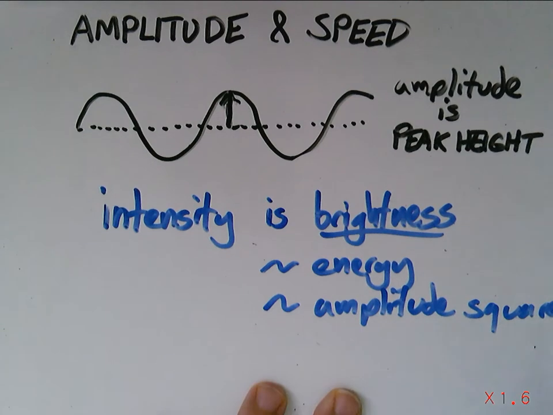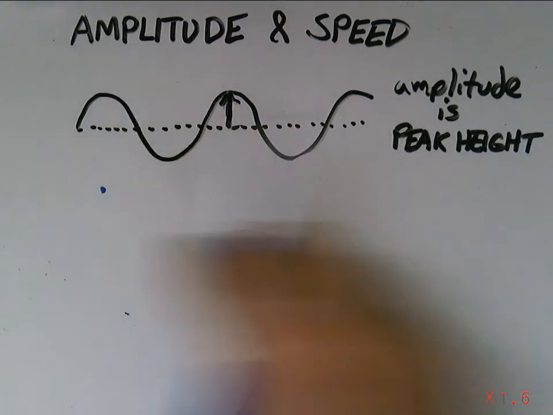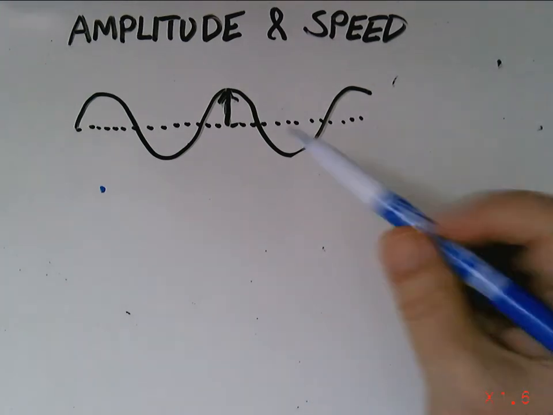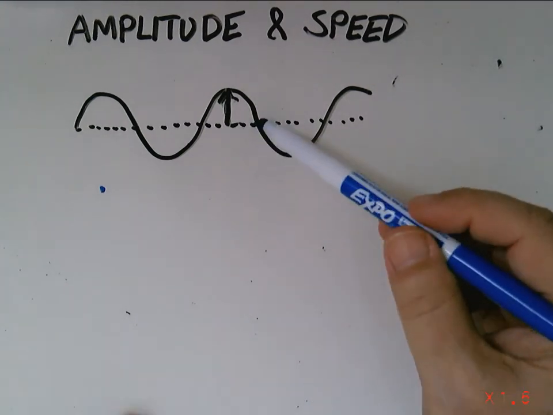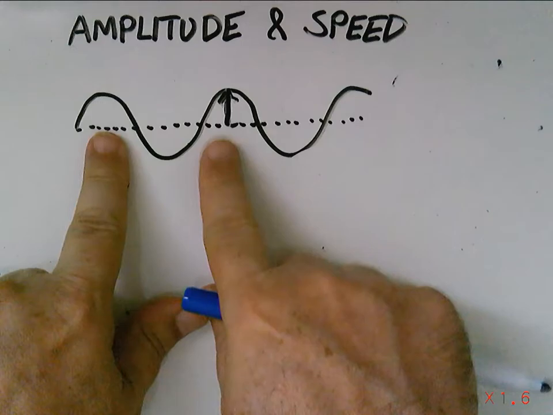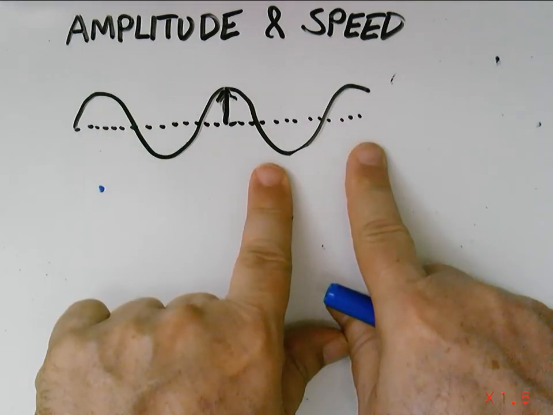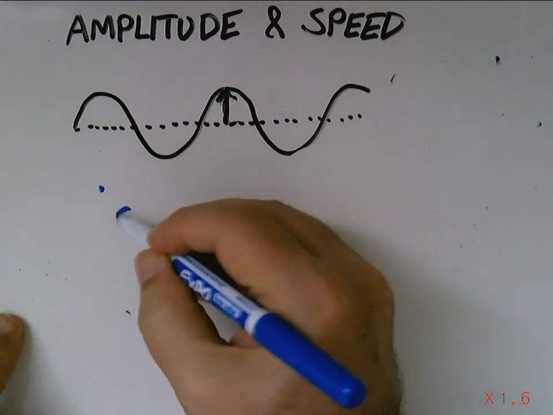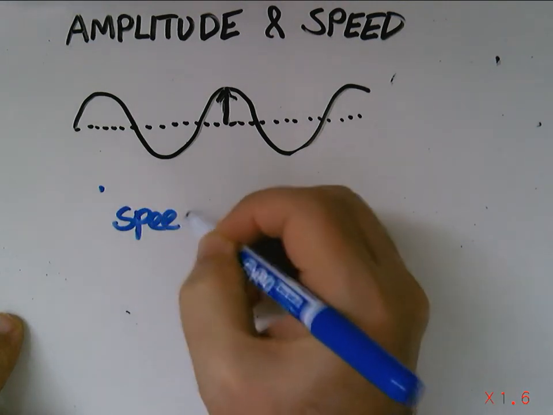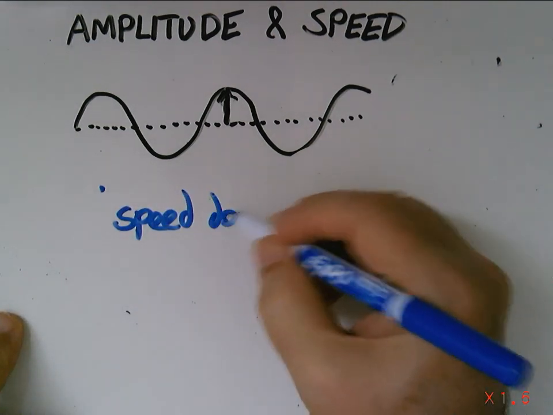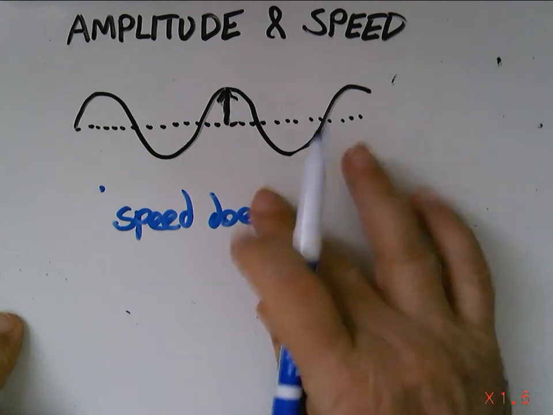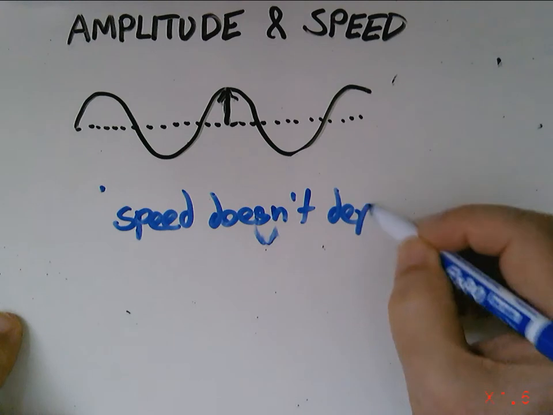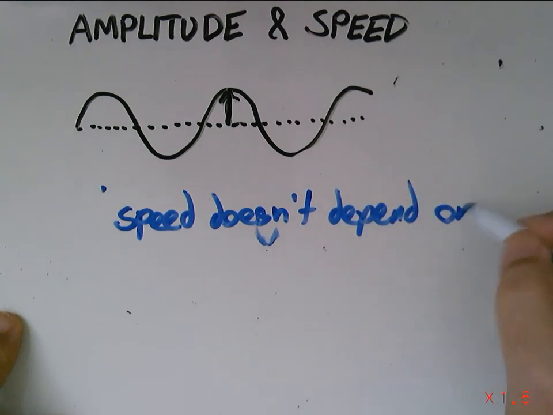All right, what about speed? This wave is also moving. This is a snapshot in time. If I looked at it the next instant in time, the whole thing would be shifted over by some amount. The speed doesn't depend on the amplitude.